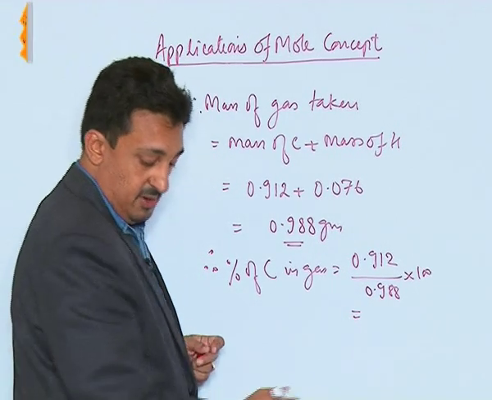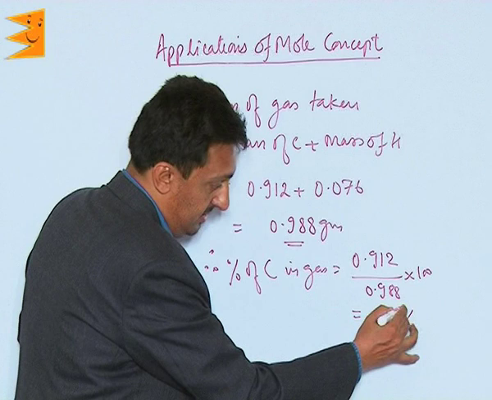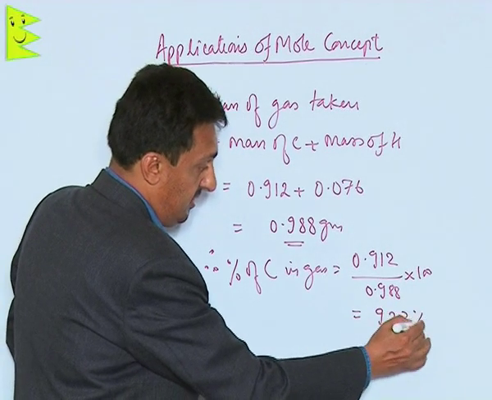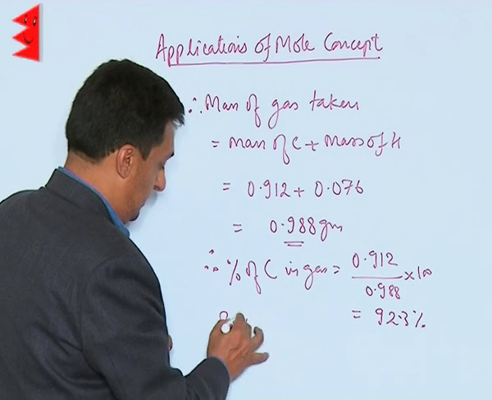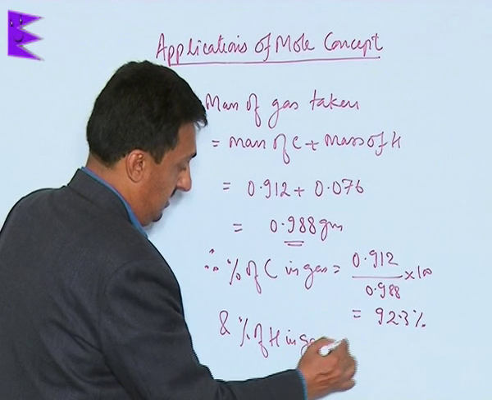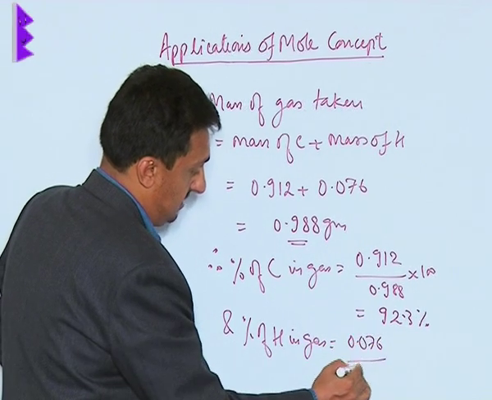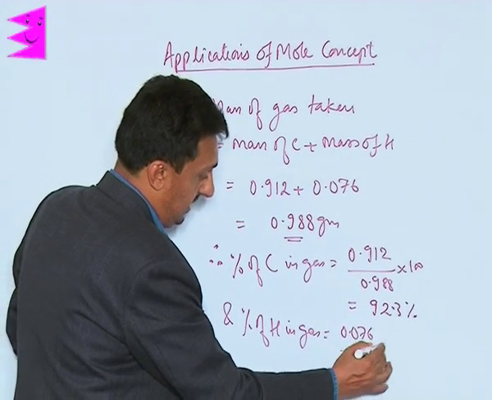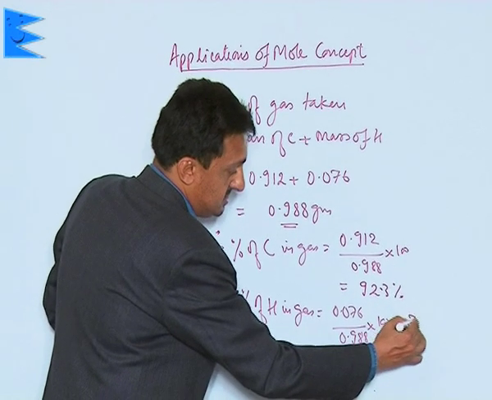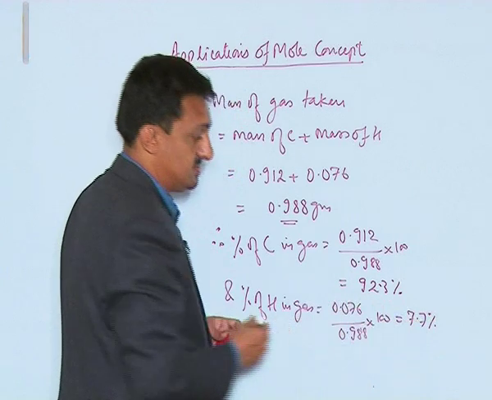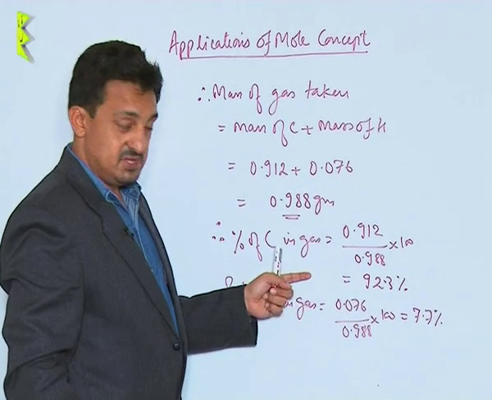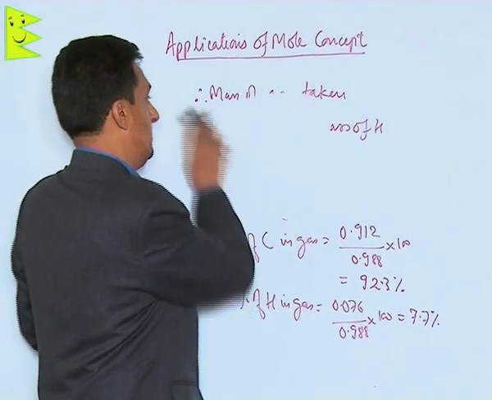This comes out to be approximately 92.3%, and percentage of hydrogen in the gas will be 0.076 upon 0.988 into 100, which comes out to be 7.7%.